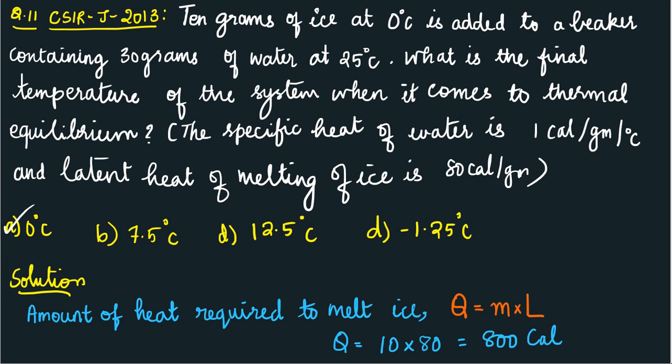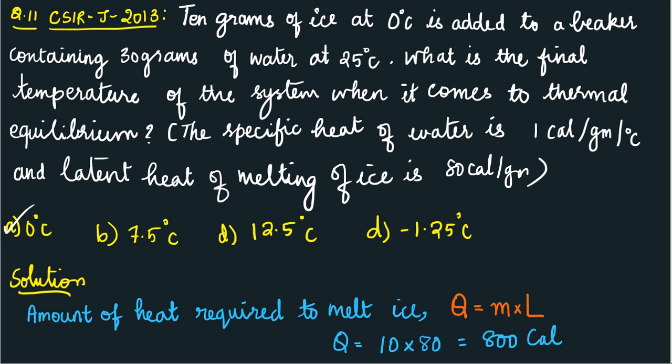You have been given the hint: the specific heat of water and the latent heat of melting of ice. Now you have to think what kind of formula you can use to find the answer.